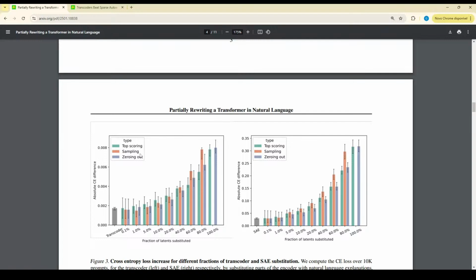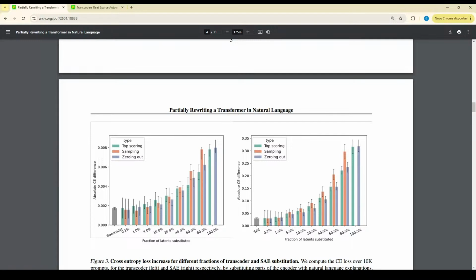This is averaged on this side over 10,000 prompts, and on this side only over 1,000 prompts, because this is very expensive. You have to think that not only do you have to generate the explanation for each of the latents, so for the 32,000 latents, for each of the prompts, you have to prompt an LLM and ask it, is this latent active or not?